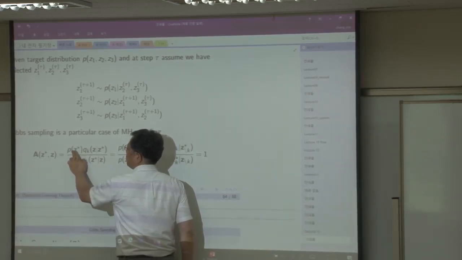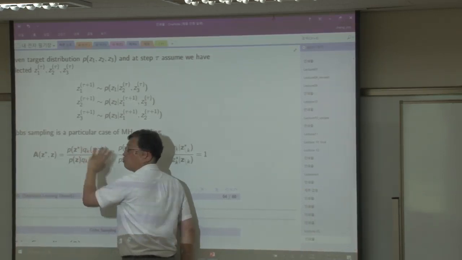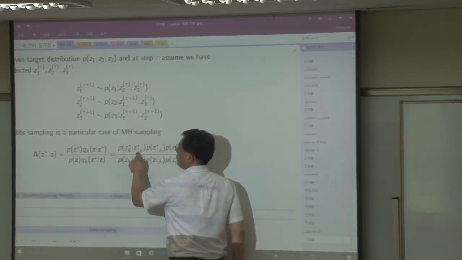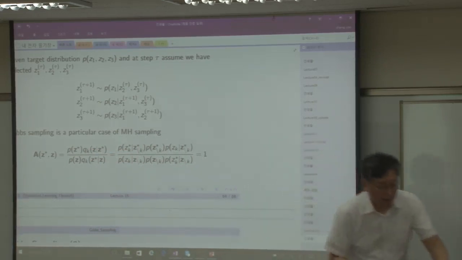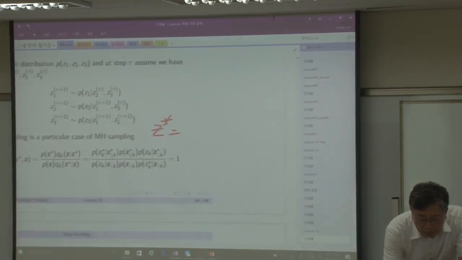This one, from Z star, then you transition to Z. That was the ratio in the A. Now Z star is actually only the kth element updated.